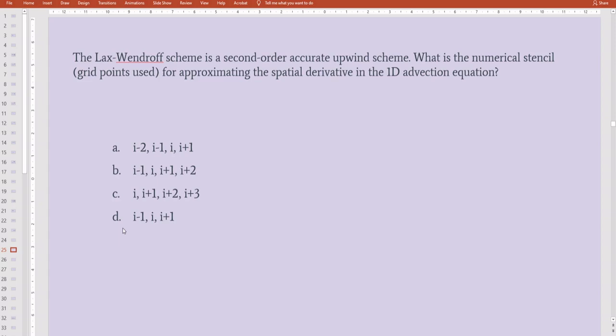Next question is on the Lax-Wendroff scheme. The Lax-Wendroff scheme is a second order accurate upwind scheme. What is the numerical stencil used for approximating the spatial derivative in the one-dimensional advection equation?